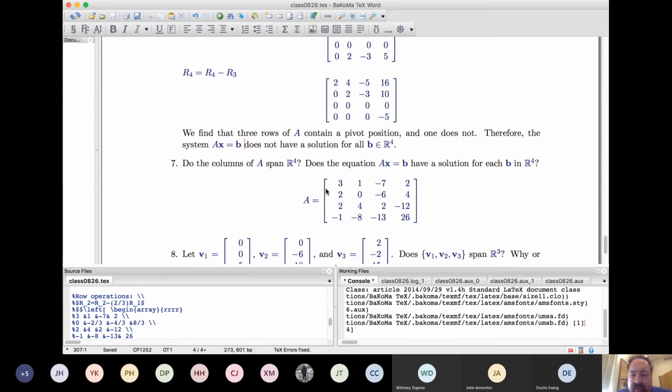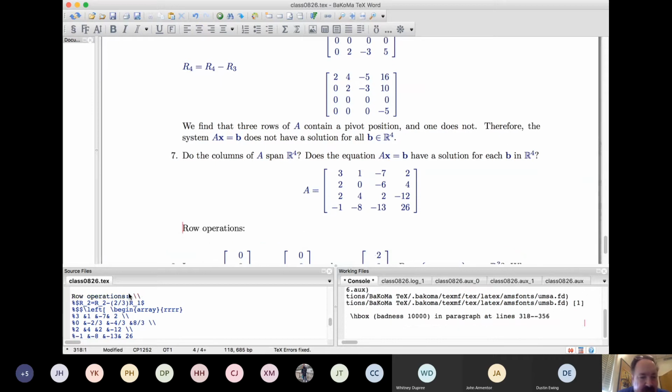So this problem is going to work the same way. Is there a solution? Now, if there is a solution for every B, what we can also say is that the columns of this matrix span the whole space. They span R4. So once again, we perform row operations.